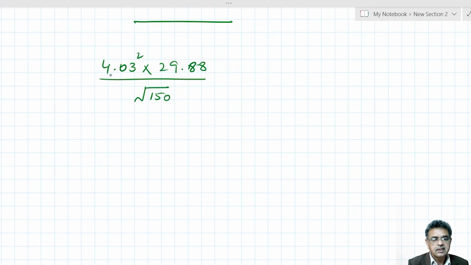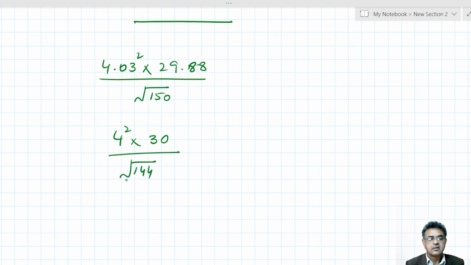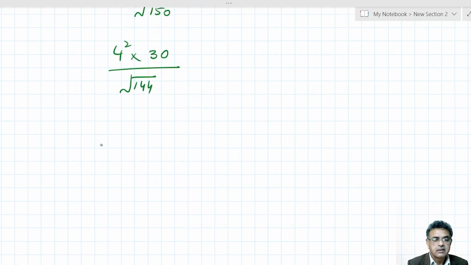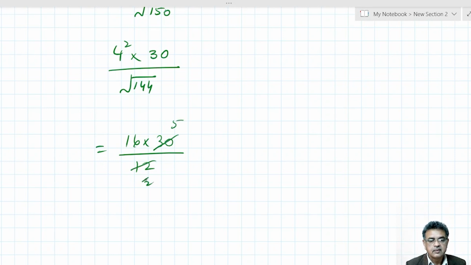So this value we can write as 4 squared, this value we can write as 30, and this value as 144. So that will be 16 multiplied by 30 over 12, since the square root of 144 is 12. 6 2s, 6 5s. Then 2 is cancelled with 16, leaving 8. 8 5s are 40. That is the answer.